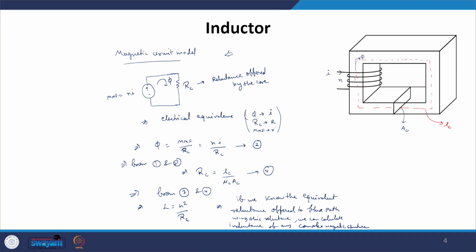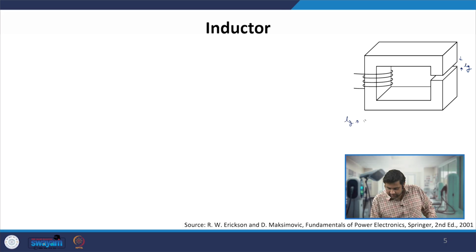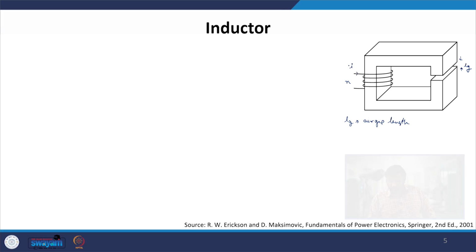So, let us try to insert one air gap and see how the inductance calculation will vary if we introduce a small air gap Lg, where Lg is the air gap length introduced in this particular core. This is my N, number of turns N, and I am exciting with I, which will generate the flux phi.